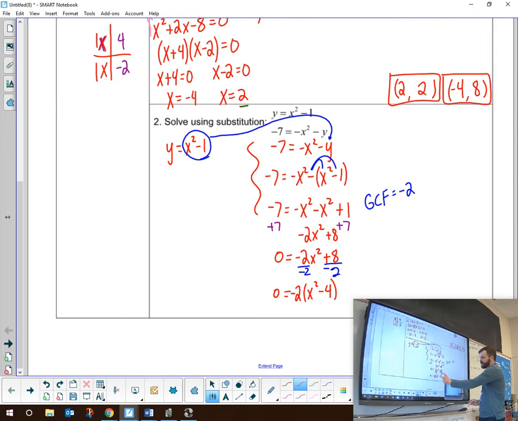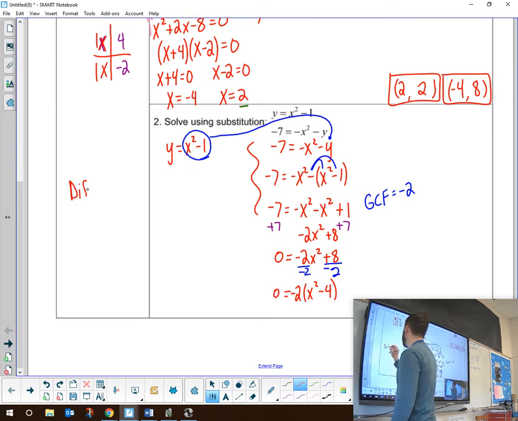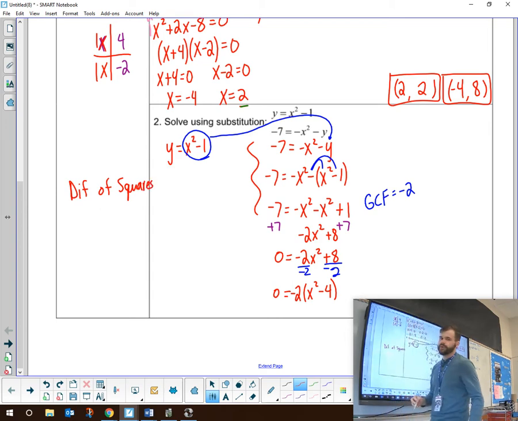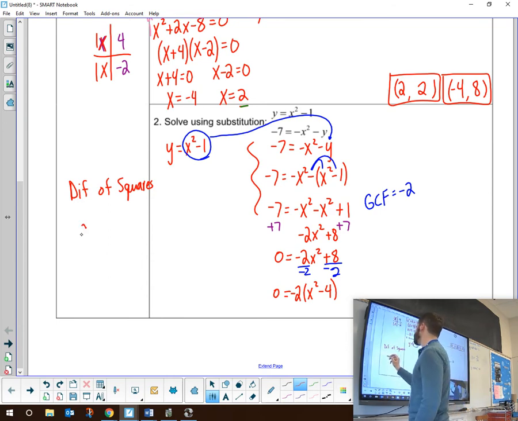All right. Now, x squared minus 4. I know it's been a long time since we have done this, but that x squared minus 4 is what we call a difference of squares. It's important that we remember all the different ways to factor. Now, remember, difference of squares, that's a squared minus b squared.